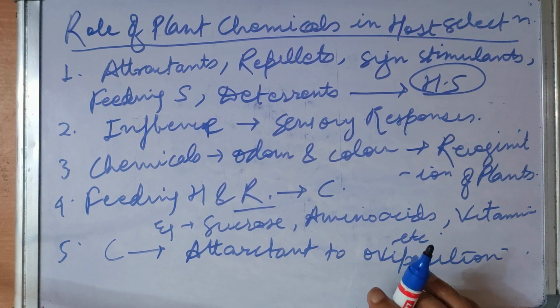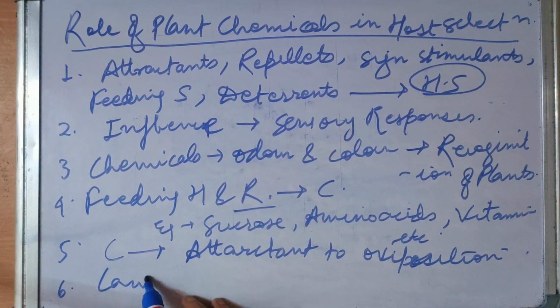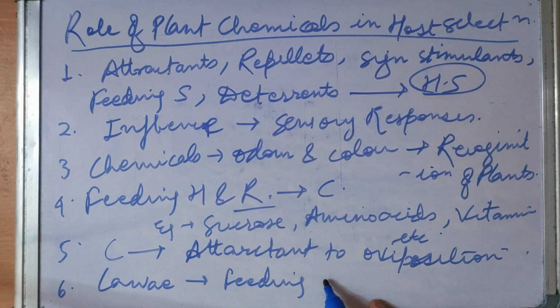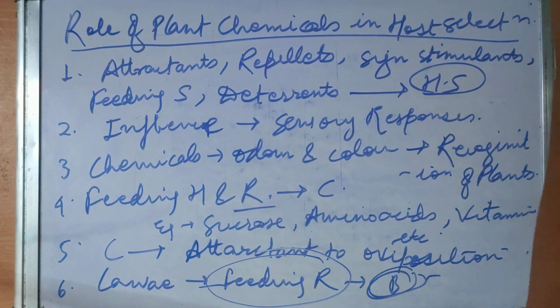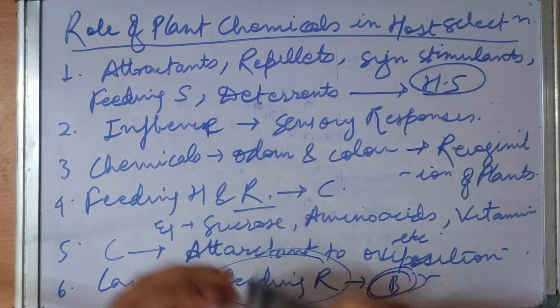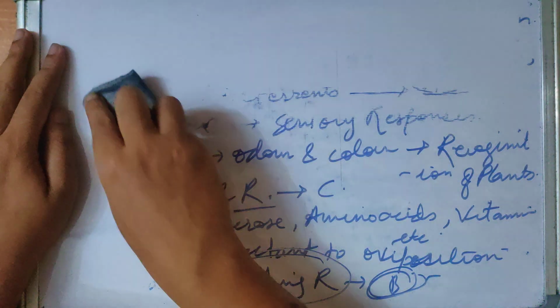Eggs are laid as per feeding requirement by butterflies based on chemicals. We have discussed earlier that butterflies lay their eggs only on those plants that are loved by larvae as their food. So this was the role of plant chemicals in host selection.